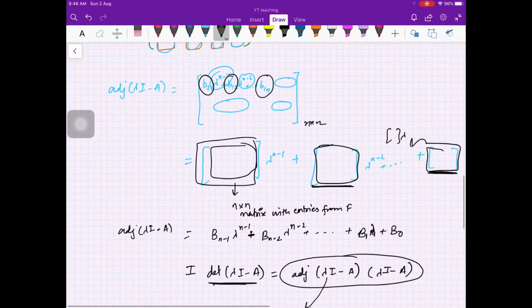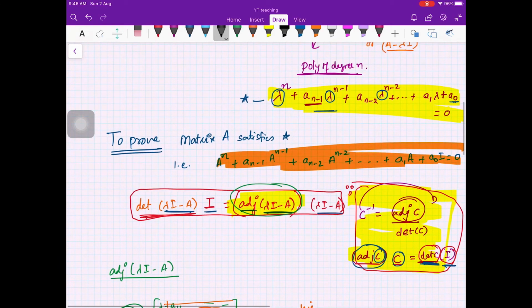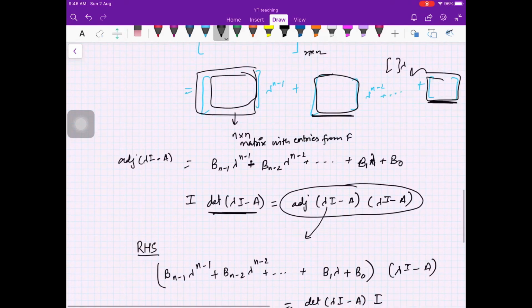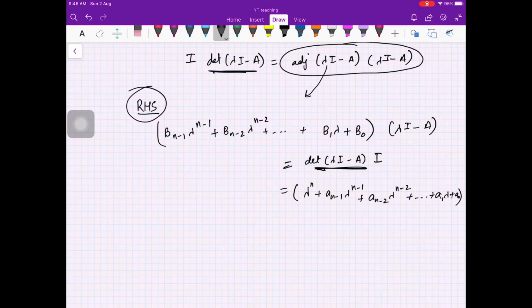In the beginning we assumed this was your characteristic polynomial, lambda raised to power n plus a_{n-1} lambda raised to power n minus 1 plus a_{n-2} lambda raised to power n minus 2 and so on, a1 lambda plus a naught. Fine. So this is your left hand side, right hand side, this is your left hand side, right? So you got these things.